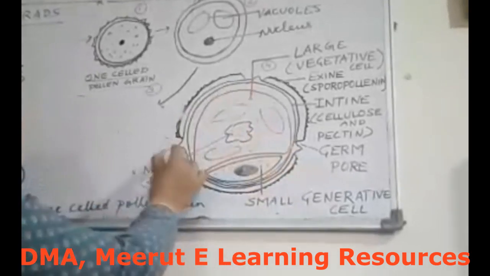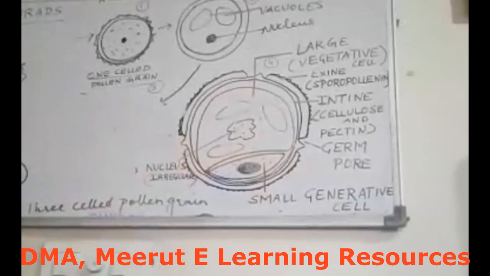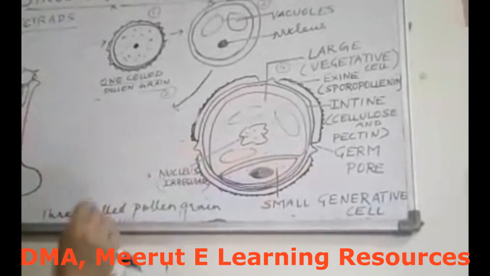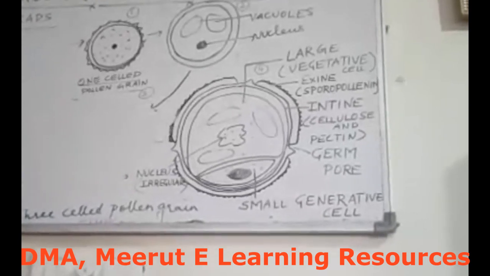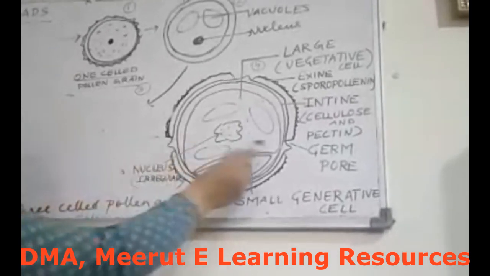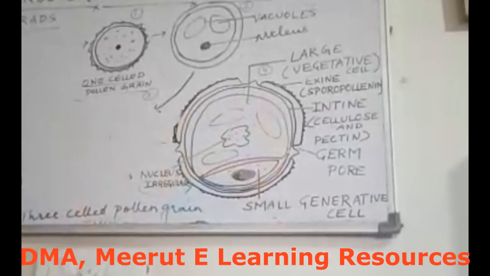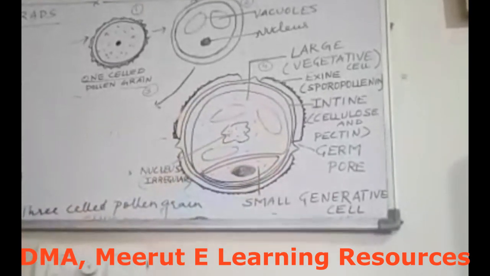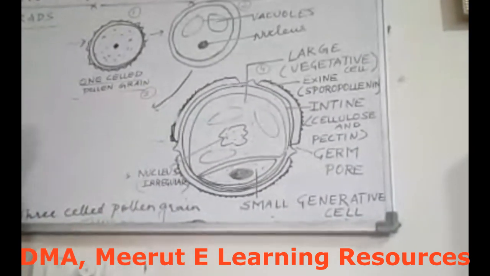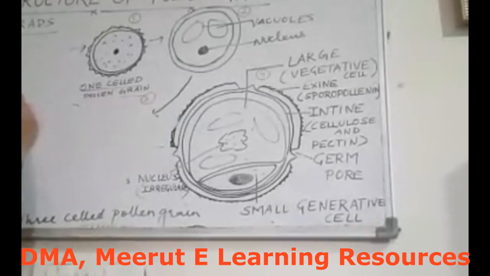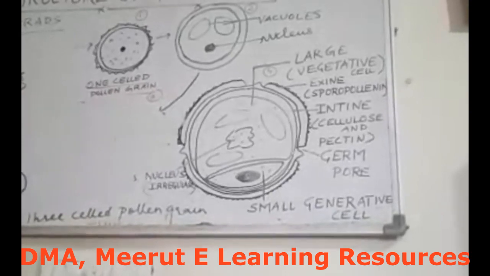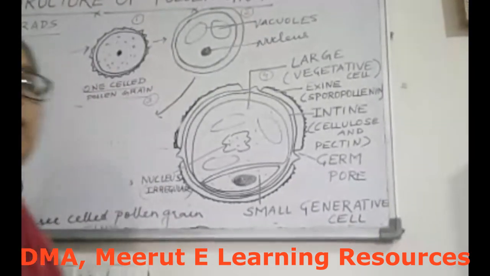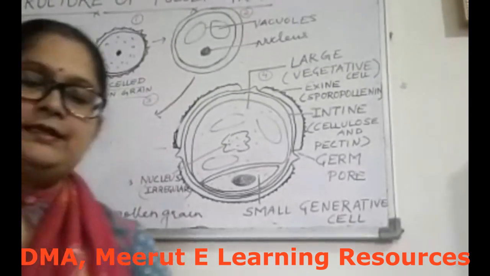In monocots, you can see only one germ pore, which we call a germ furrow because it is elongated in shape, while in dicots, germ pores are 3 in number, and from any one of the germ pores the pollen tube arises, consisting of 2 male gametes and 1 tube nucleus. So this is the development of the male gametophyte up to the 3-cell stage.